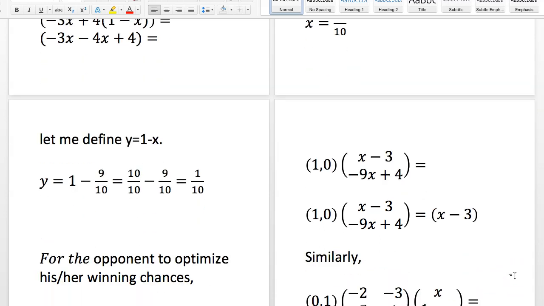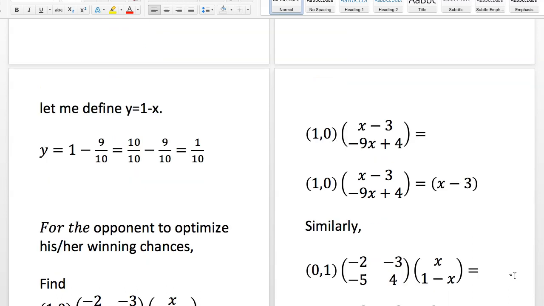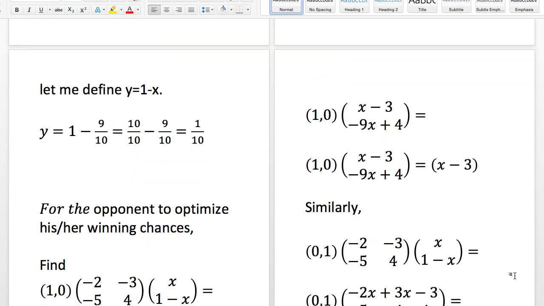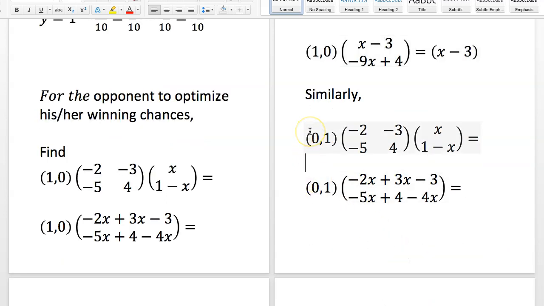But anyway, I don't guess I need to worry about hypotheticals. So here we go. Now, remember, similarly, just like we did with the protagonist, with the antagonist I need to do 0, 1 here.